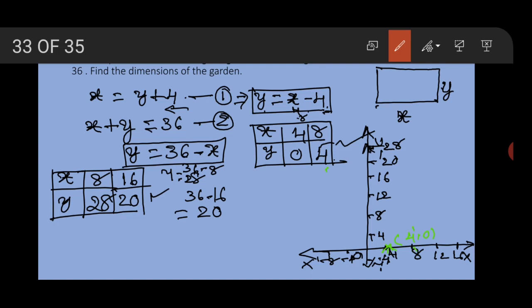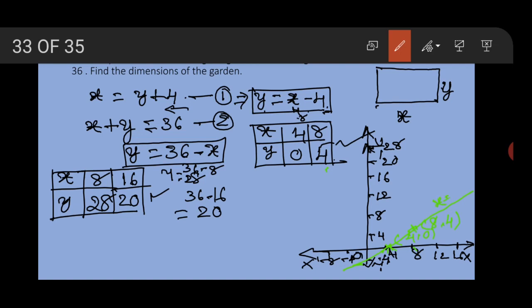Next point, what are the coordinates? 8, 4. X is equal to 8, value of y is 4. So this is the point. Now join these 2 points using the scale. You will get a straight line in this way.